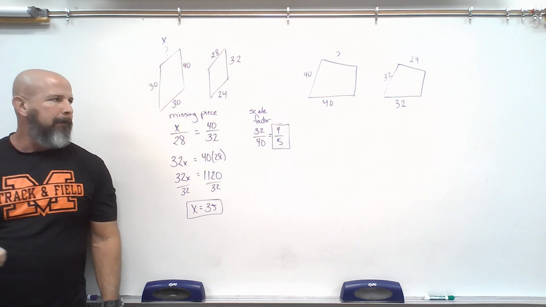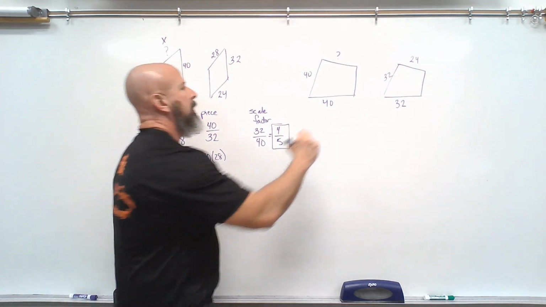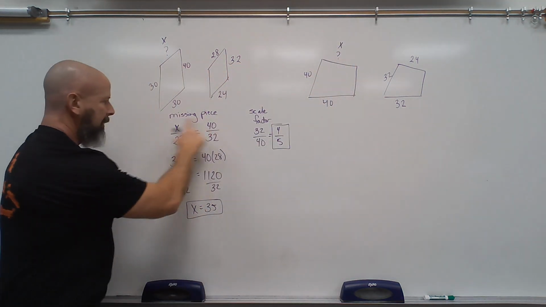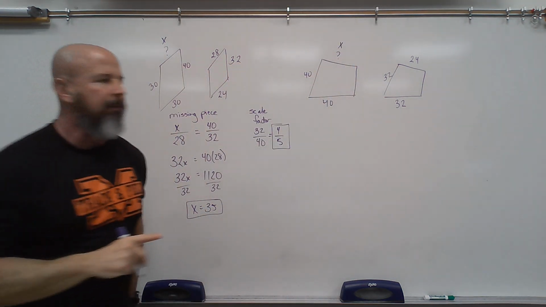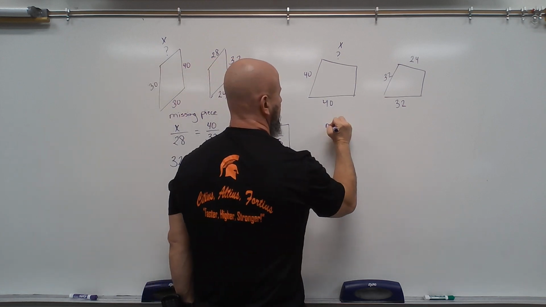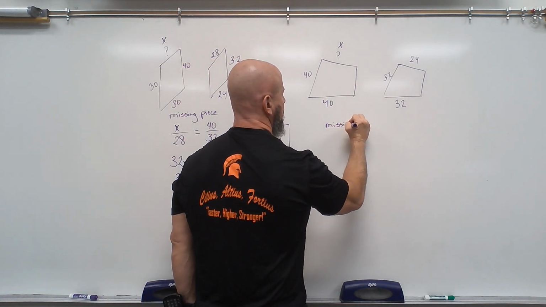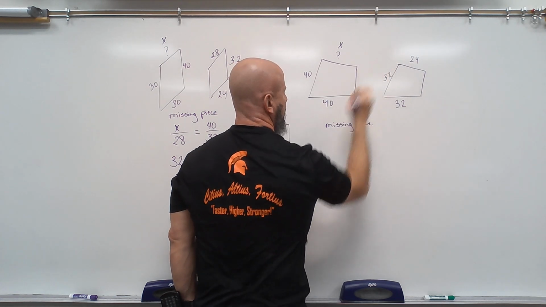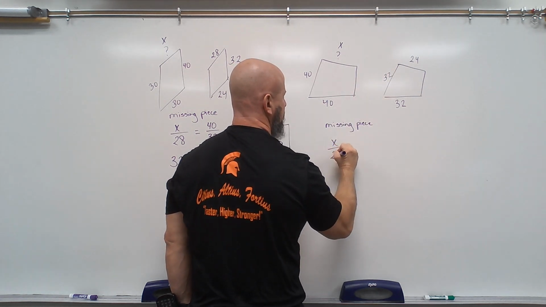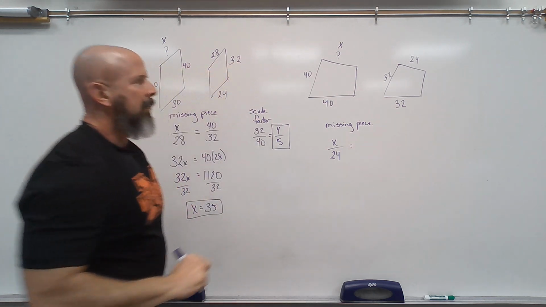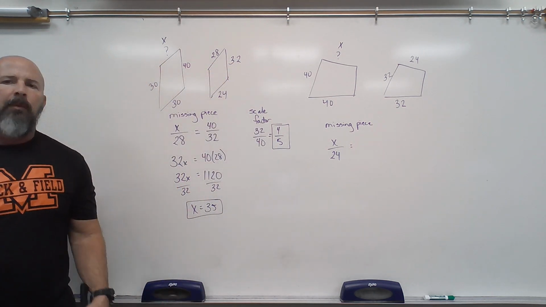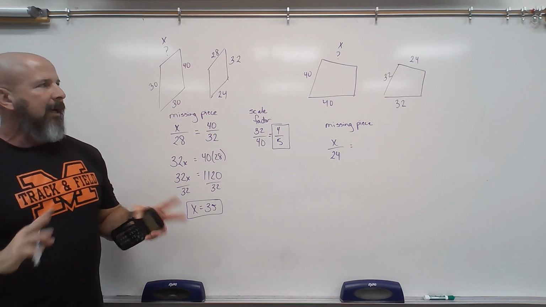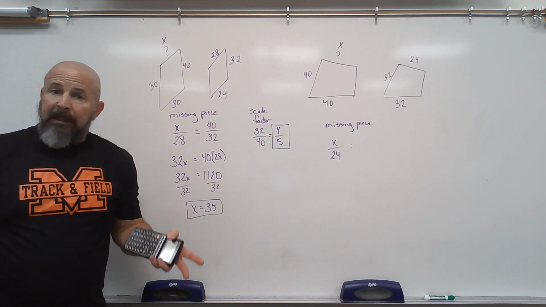The second one. Again, I'm going to put an X where the question mark is so I can set up my proportion and solve for X. X corresponds to that 24. Now for my second part, I've got to pick a given pairing.